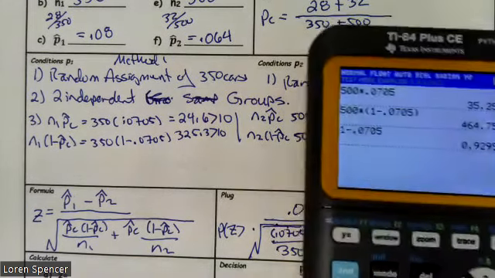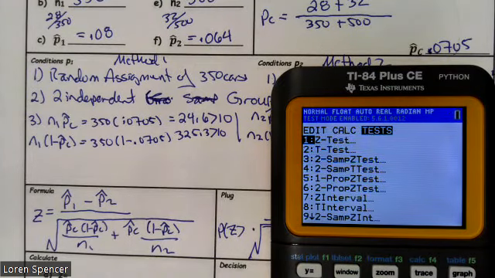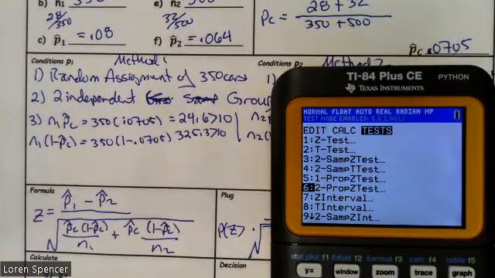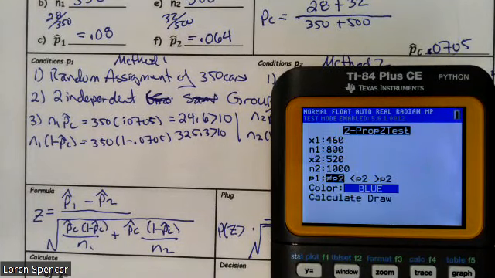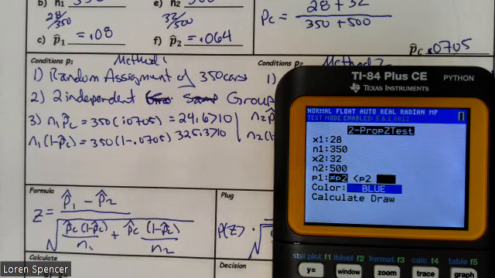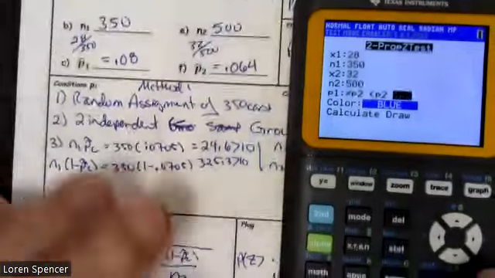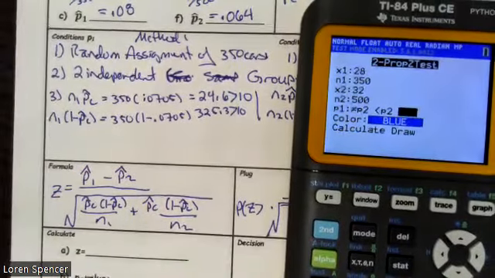All right, let's go ahead and calculate this. So we're going to go to stat test, and we're going to drop down to 2-proportion z-test, which happens to be number 6. We had 28 defects with method 1 out of 350 cars, and the second one had 32 defects out of 500 cars. We had a greater than for our alternative hypothesis, so we want to make sure we're consistent there.